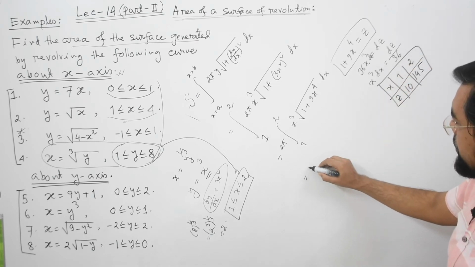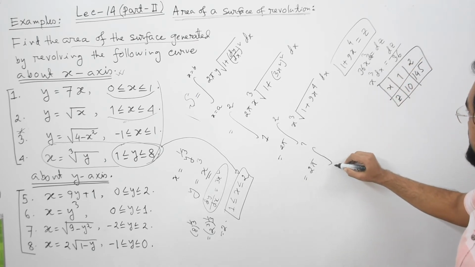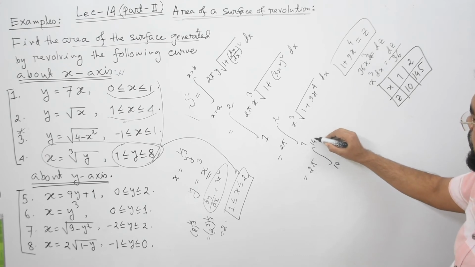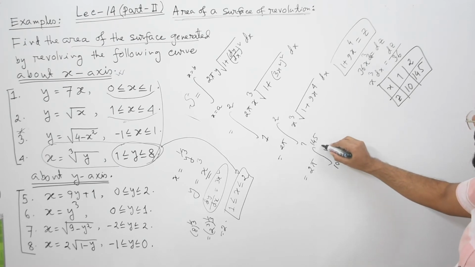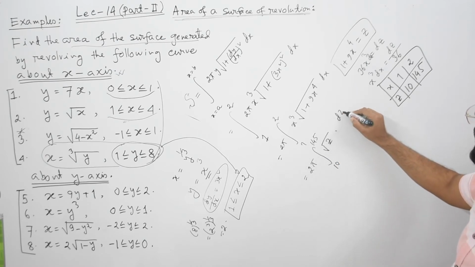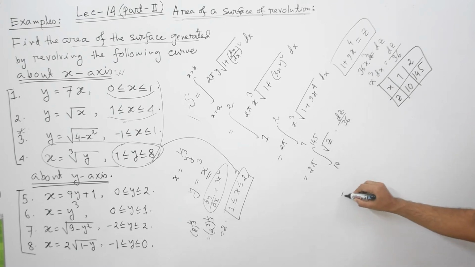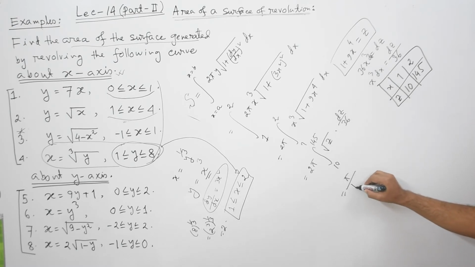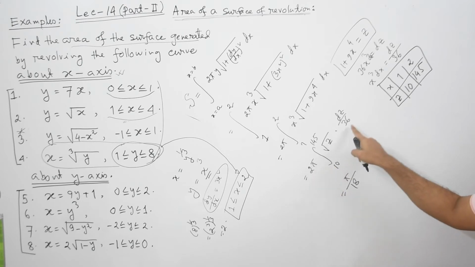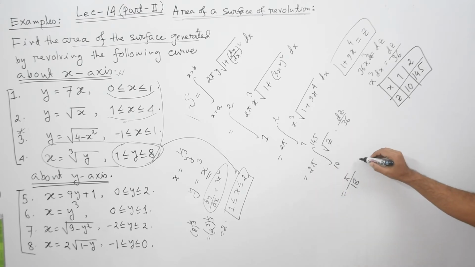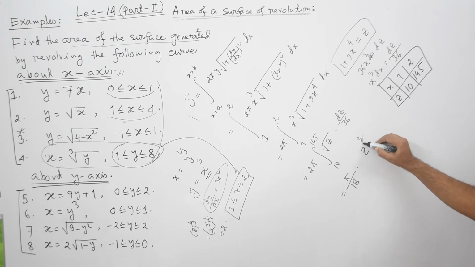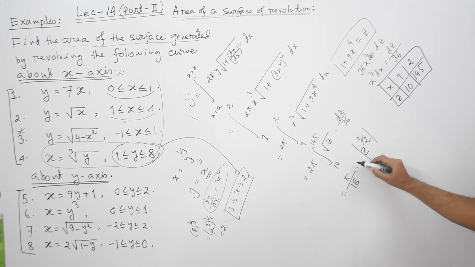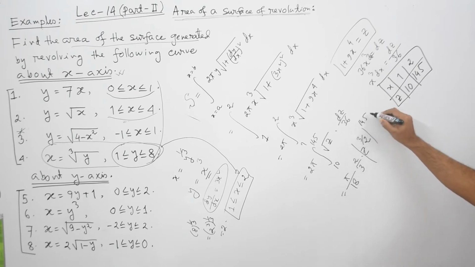So this integral becomes 2 pi integral from 10 to 145 of root z dz by 36, which is equal to pi by 18. If I cancel 2 and 36, I will get 18. And the integration of root z is z to the power 3 by 2, and 2 by 3 I can write here, with 145 as the upper limit and 10 as the lower limit.